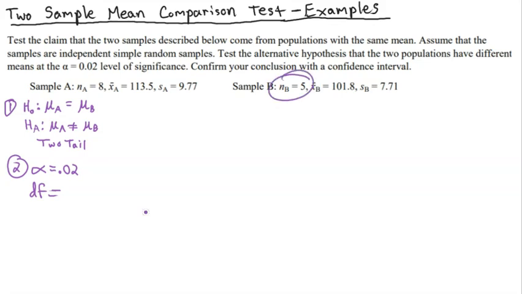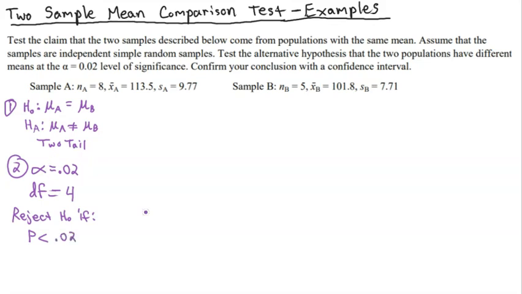Here we have n is 5. 5 is smaller than 8, and 5 minus 1 is 4. And therefore, our degrees of freedom is going to be 4. And then we're going to say that we're going to reject H sub 0 if our p-value is less than our alpha, which is 0.02.